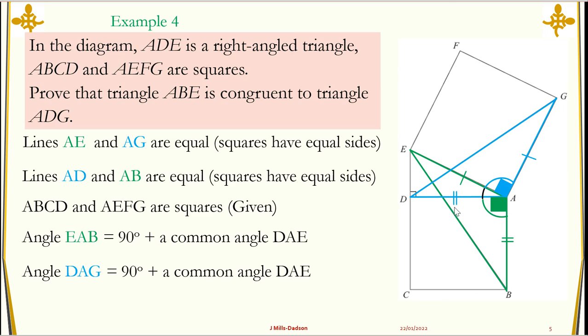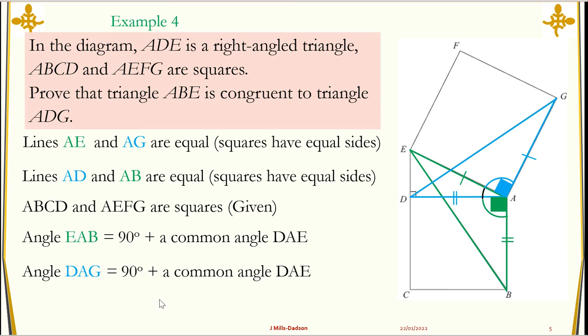One thing we need to remember is that there is a common angle which is marked with a black arc, and you could see that angle EAB is the black angle plus 90 degrees. Also, angle DAG, you could see it's also the black angle plus 90 degrees.